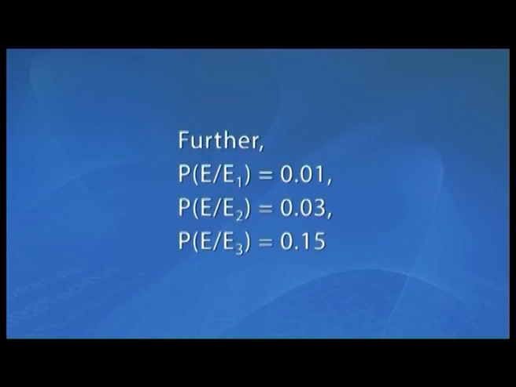Further, we are given P(E|E1) = 0.01, P(E|E2) = 0.03 and P(E|E3) = 0.15.